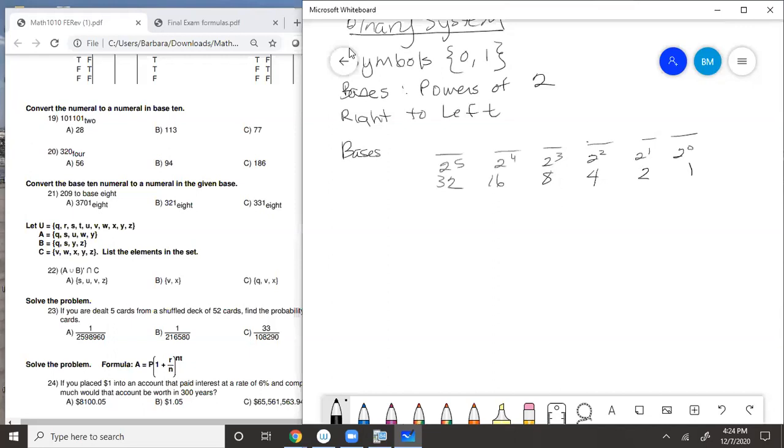So we're going to evaluate this number, 101101. Okay. So we need to know what bases they're in, okay? So this is base 1, right? Here are the bases. This is base 2. This is 4, 8, 16, and 32. Okay?